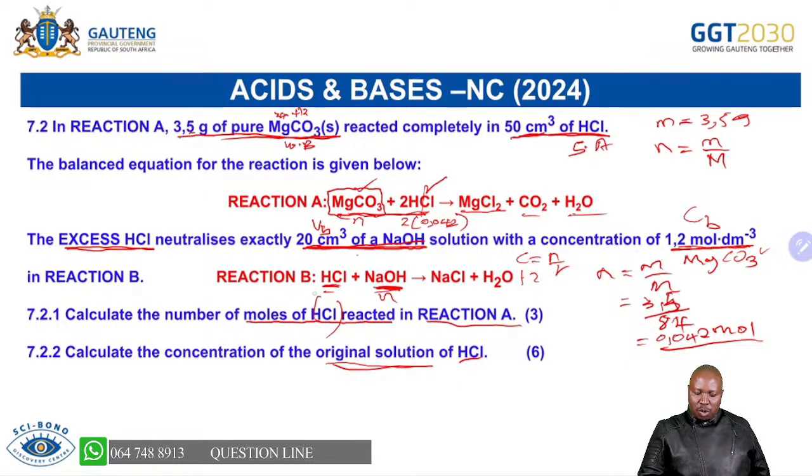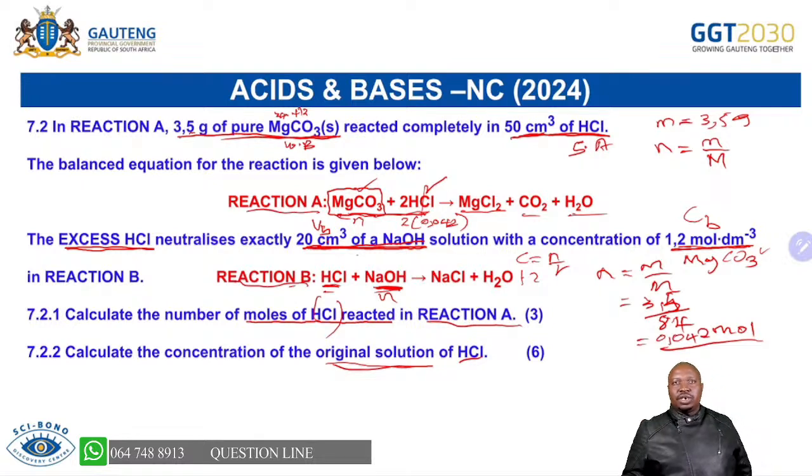And if you know the number of moles, you can calculate the concentration that was used to react exactly with that. So at the end of the day, you will be able to add what reacted in B and what reacted in A, and they must give us what we had initially.